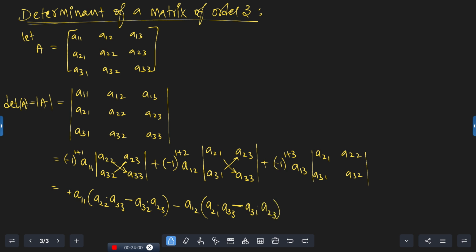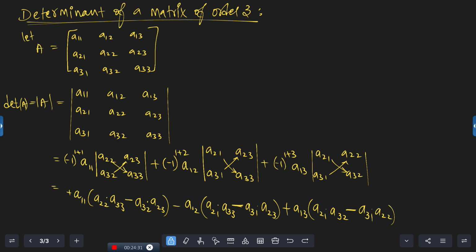And last one, 1 plus 3 is 4, an even power, so plus A13 into cross multiply: A21 into A32 minus A31 into A22.